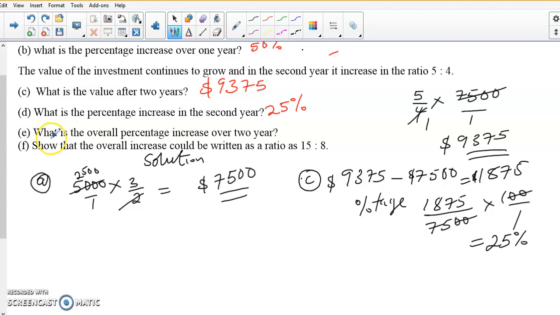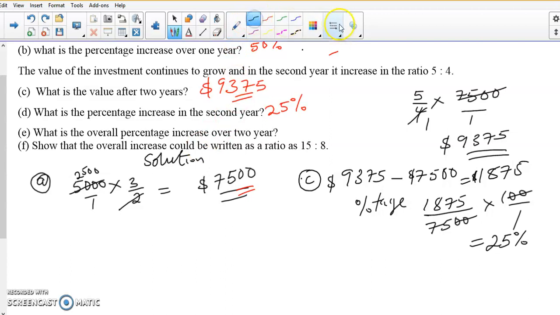Now the other question said, what is the overall percentage increase over 2 years? There is a difference between these two. This one says, what is the percentage increase in the second year? That's why we use this one for getting the initial value. Now this says, what is the overall percentage in the 2 years?